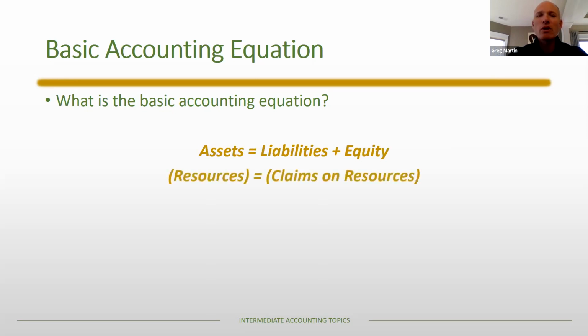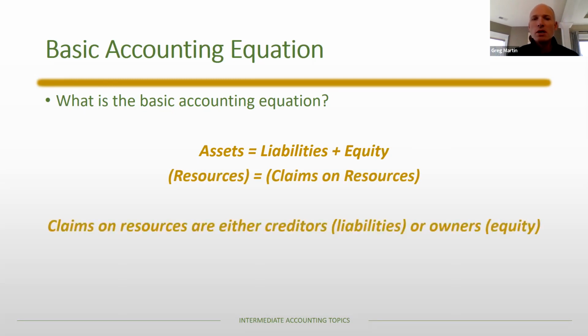Thinking about that, really what it means is that the resources of the company are always going to equal the claims on those resources. And the claims can be from creditors, which would be the liability component, or owners. The company doesn't own itself. And so if there are any residual assets left over, the owners really have claims on those assets. That's just the basic framework.